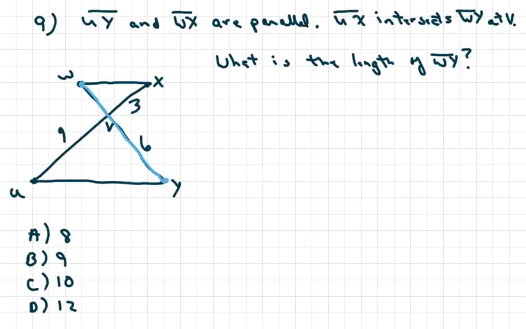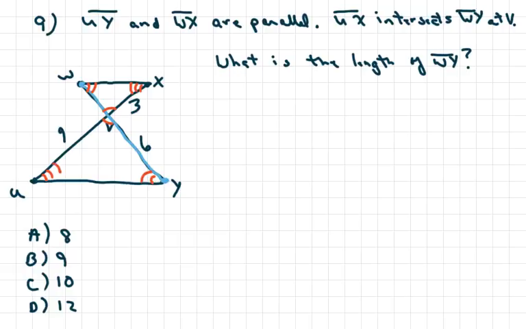Let's use some hash marks. These two are congruent because of the parallel. We're going to have to fill out as much information as we can. So we're going to put our congruent marks here. These are, of course, congruent, and these angles are congruent.